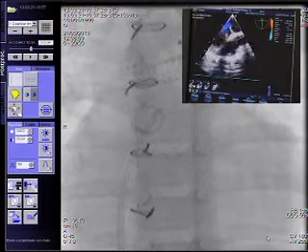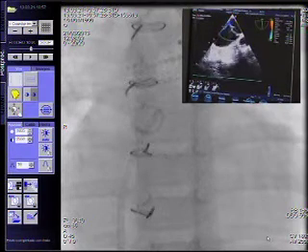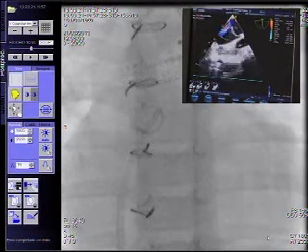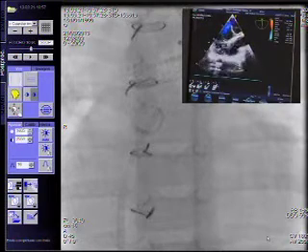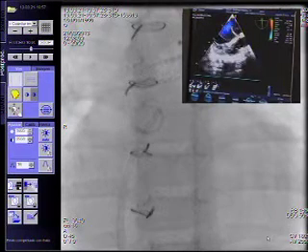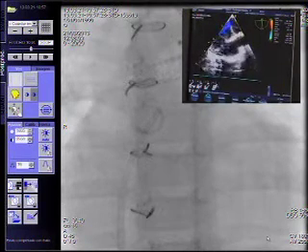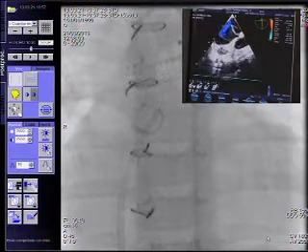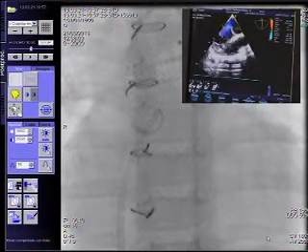I have some enderezador. What wire is it that you're planning to use? It's a regular 18 guide, 260 hook wire.